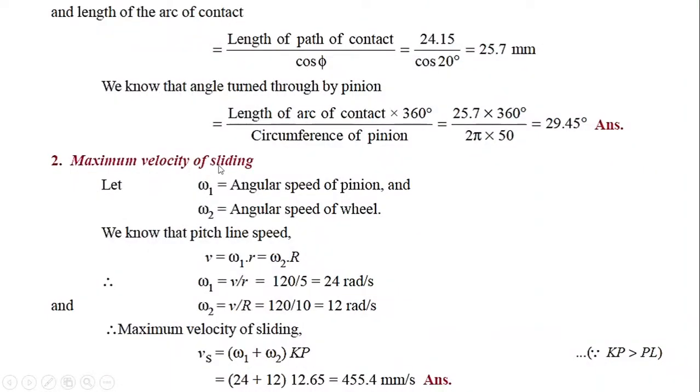Maximum velocity of sliding. Here let omega 1 be the angular speed of the pinion and omega 2 the angular speed of the wheel.